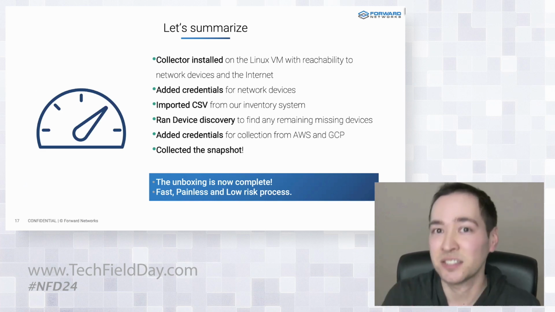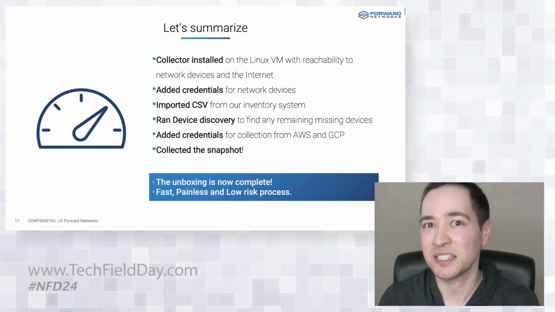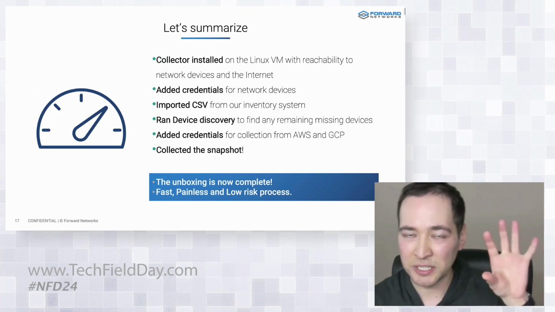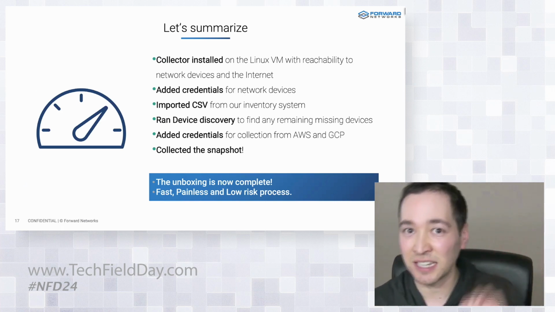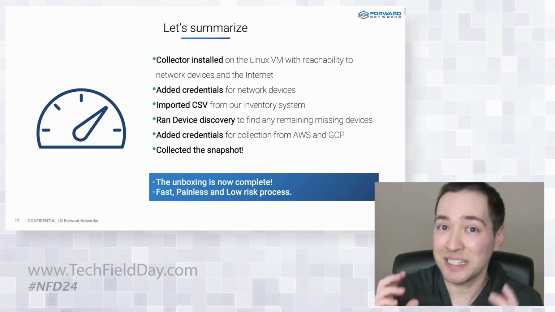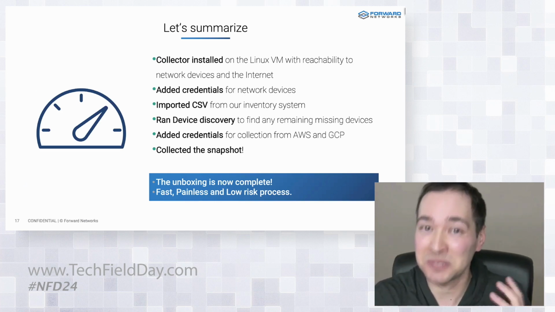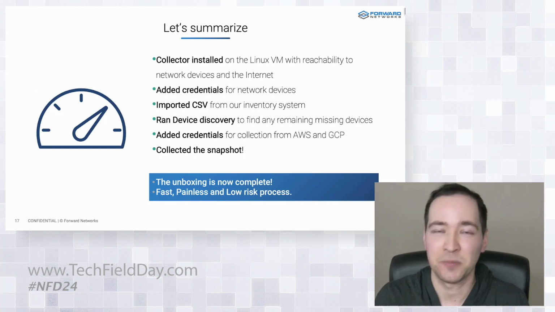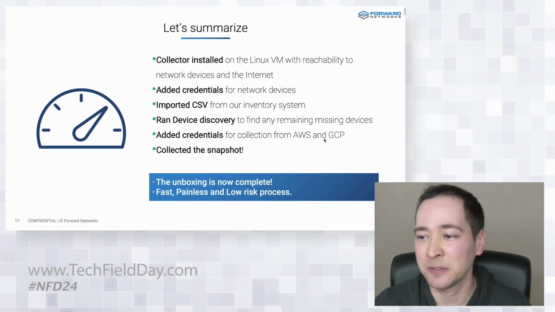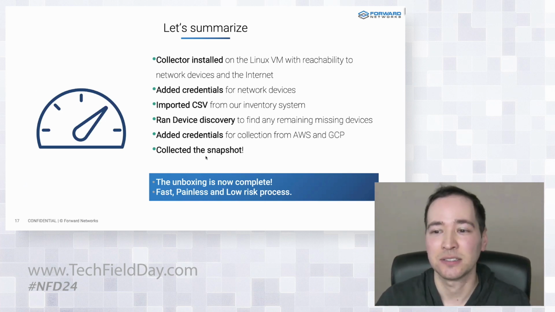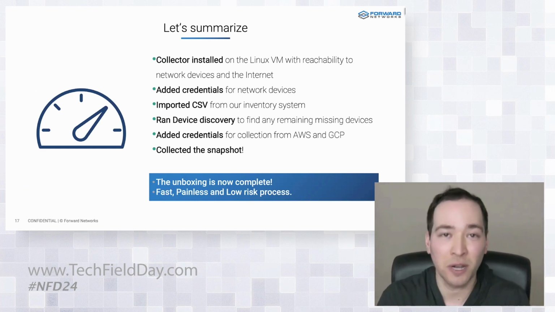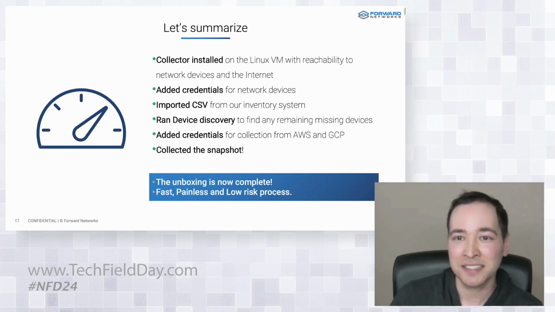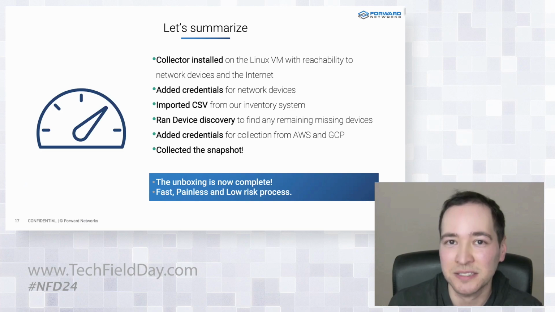Then we ran a device discovery to find those potentially missing devices. And you remember, initially we imported 65 devices and we discovered 10 more. That means that my initial CSV list was missing 10 devices. So we added credentials to collect from cloud and we collected a snapshot. That's it, ladies and gentlemen. Unboxing is now complete. It was a fast, painless, and low risk process.